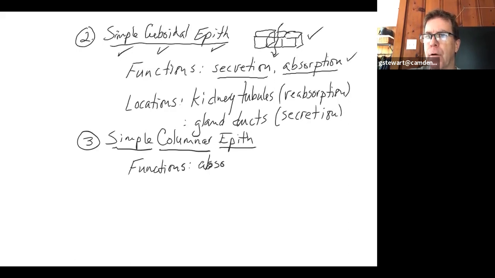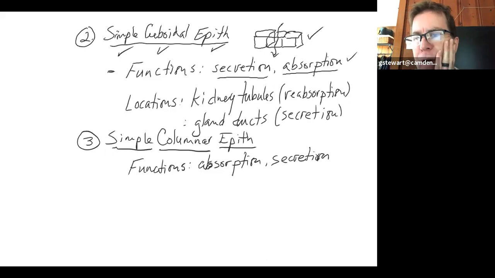That means moving across the surface. A-B-S-O-R-P-T-I-O-N. And secretion as well. So these cells can have secretory capabilities and absorption, just like these up here. The only reason that we switch these 2 functions in order is because most simple columnar cells do this more than they do this, and most cuboidal cells do this more than they do that one, but they perform both.